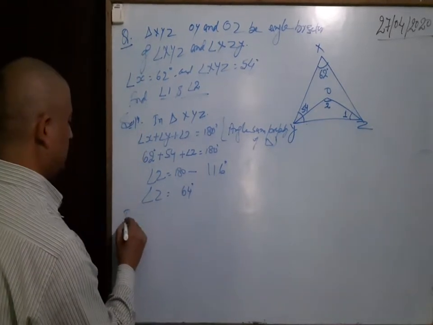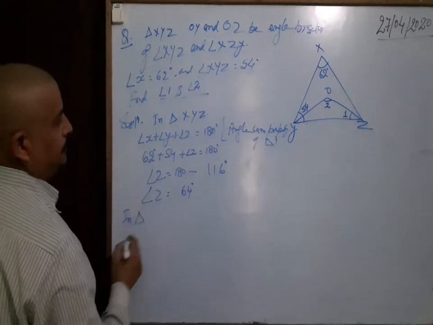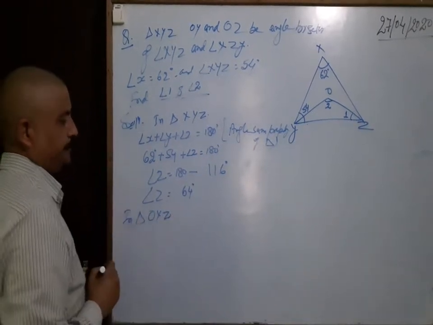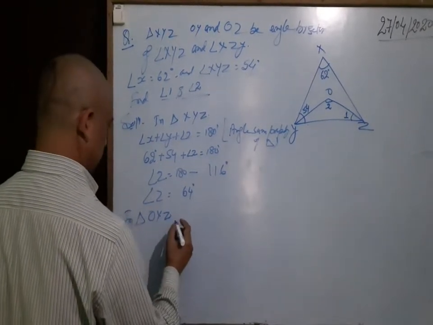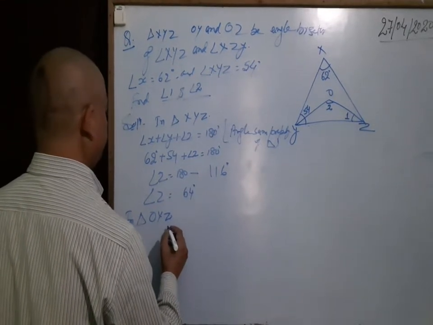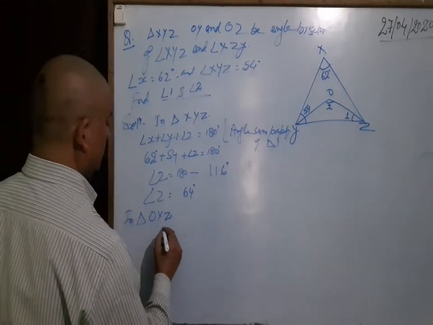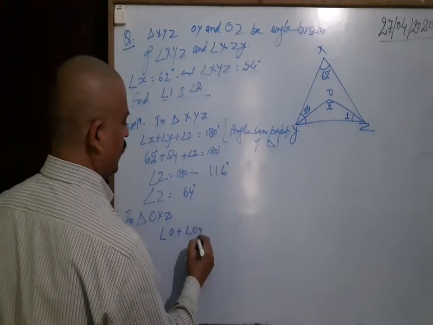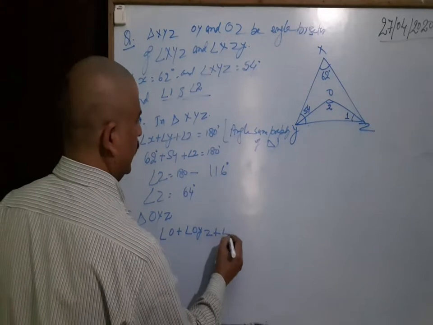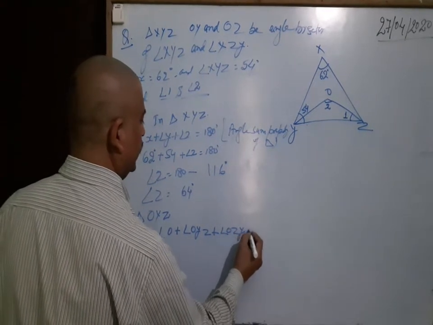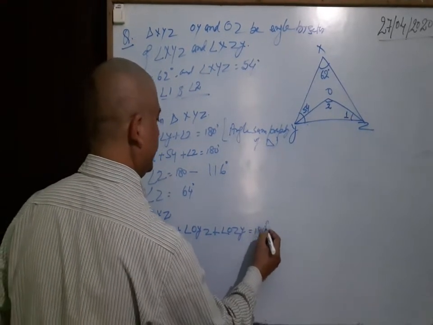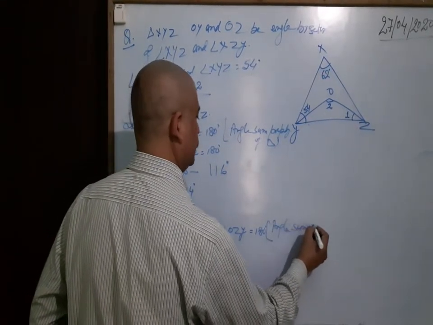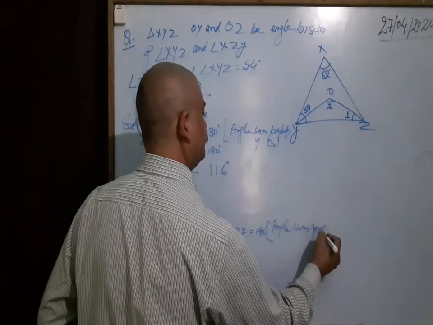In triangle OYZ, angle O plus angle OYZ plus angle OZY is equal to 180 degrees, by the angle sum property of a triangle.